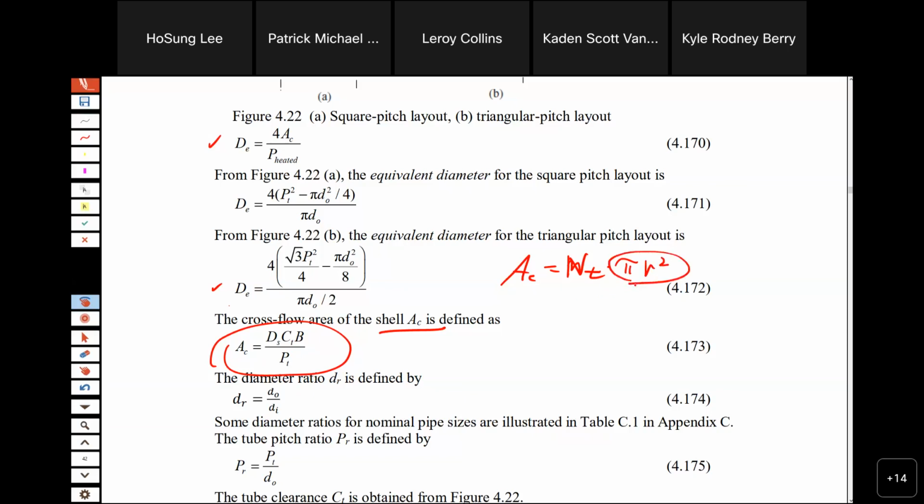Am I right? Each tube, so that you can compute the tube side. This is tube side, but the shell side is complicated.